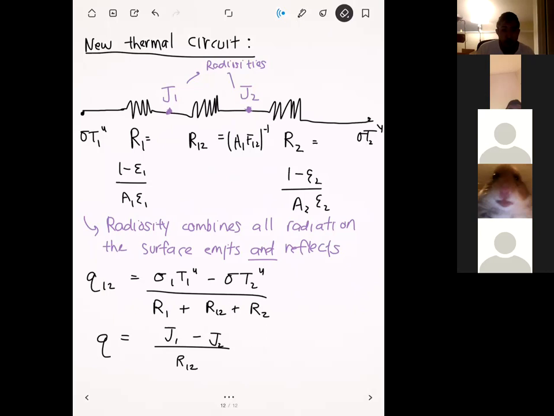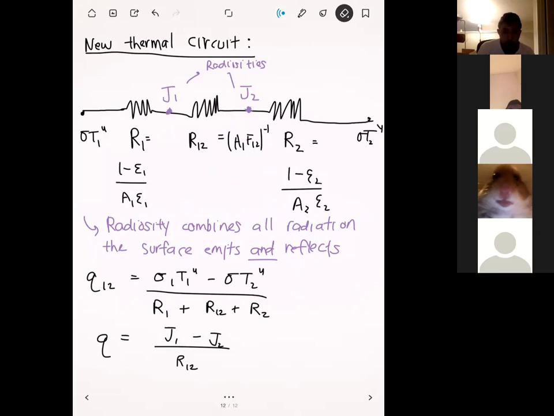Next we're going to do an example, but one other thing that's going to be useful for you is to apply one of our circuit laws to this. Probably not for this next example, but probably for the last example that we'll do on Monday, we're going to have to sum up all of the radiation heat transfer that comes in at a node.